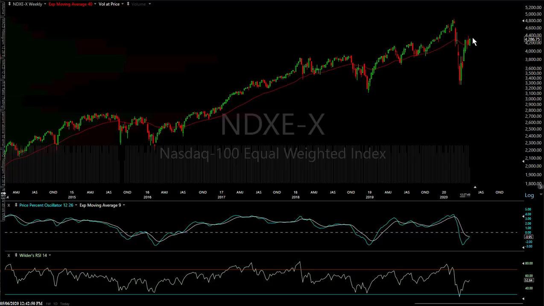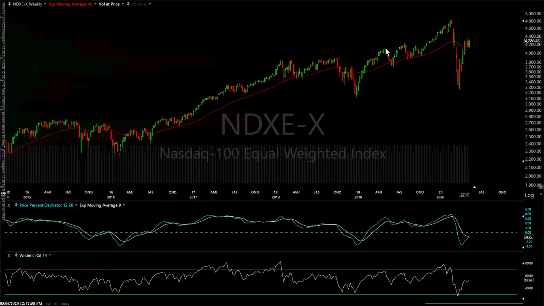Near term, we're just going to have to keep watching those 60-minute charts, daily charts, and try to figure out where we go. I'll probably make more of an effort to focus on individual stocks. If the market's going to continue to grind around this way, we can look at individual stocks, many of which have already started to turn down, and sectors, which I'm about to get to here.